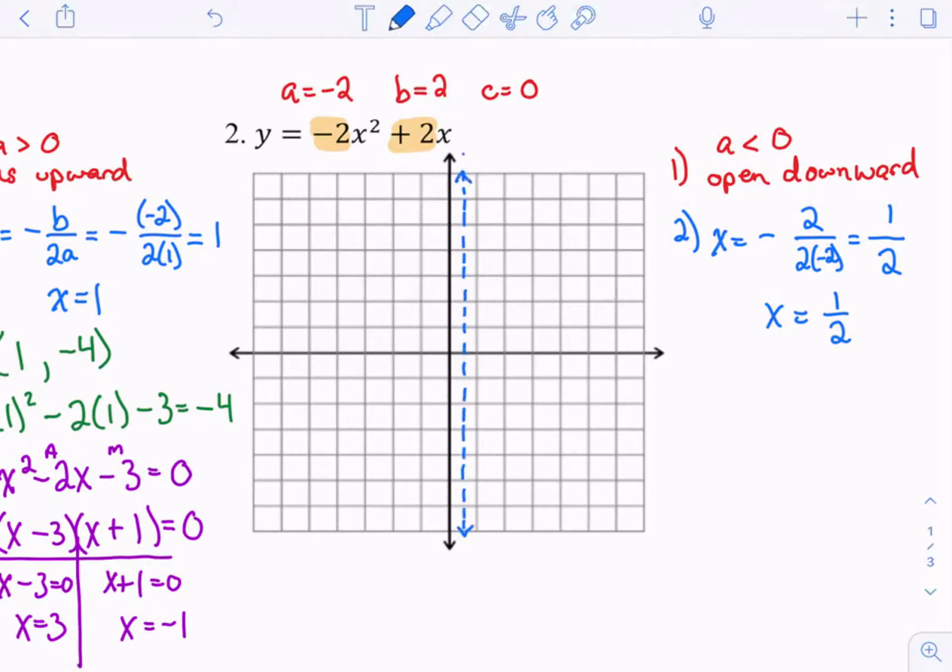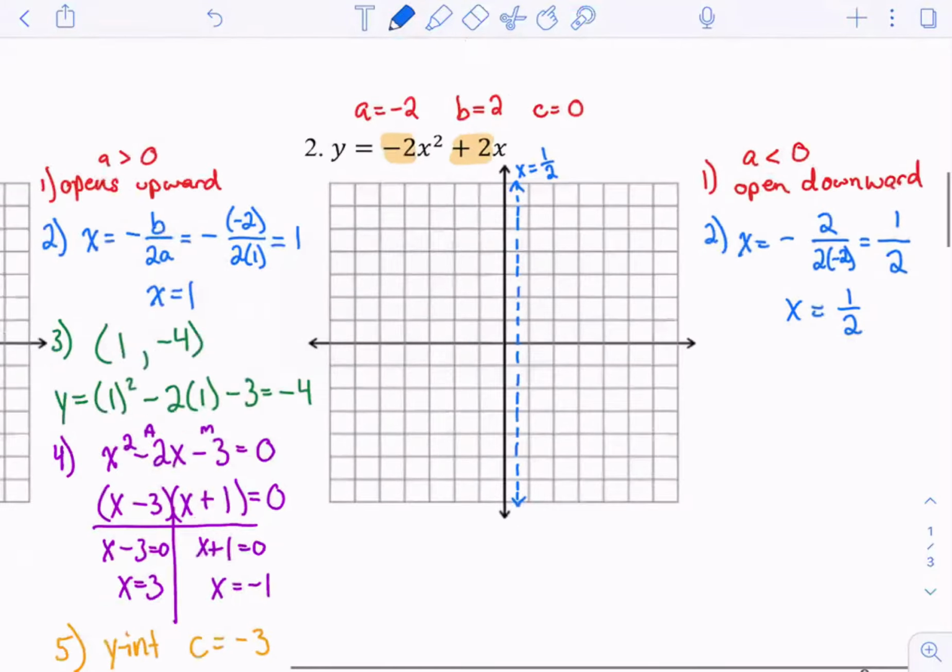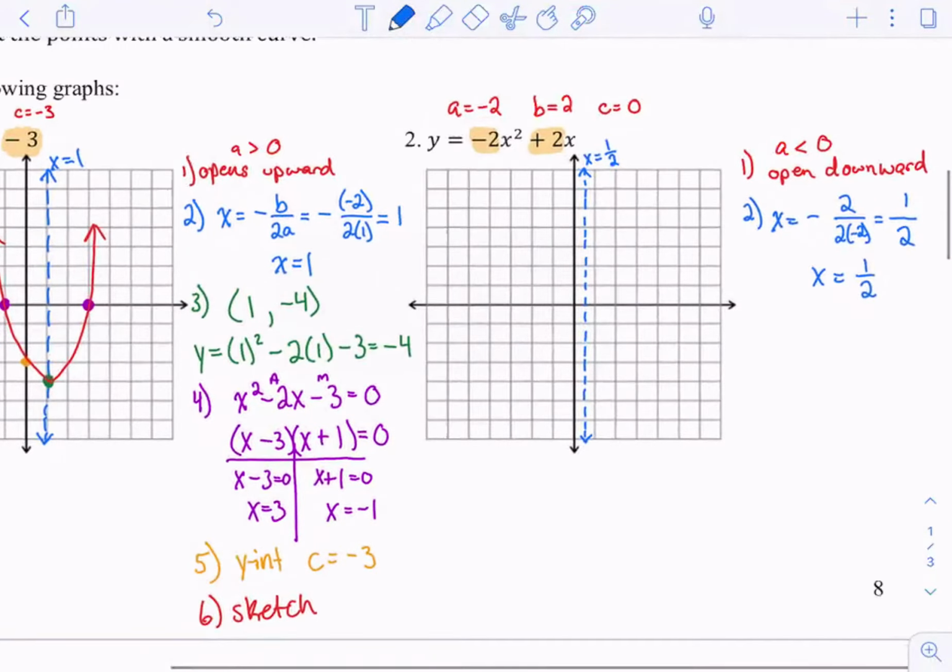So here, if you notice, my axis of symmetry is 1/2. So I kind of sketched it. I mean, it doesn't always have to be perfect. Remember, a sketch is just really what it should look like. So here I know my x coordinate is 1/2.